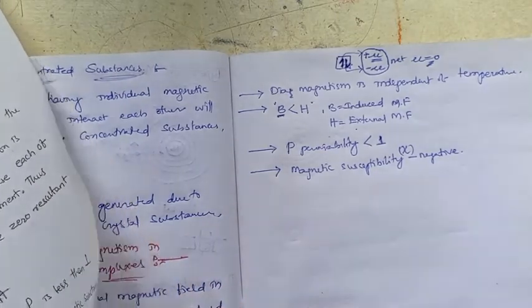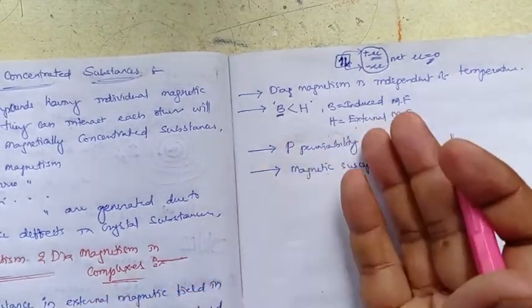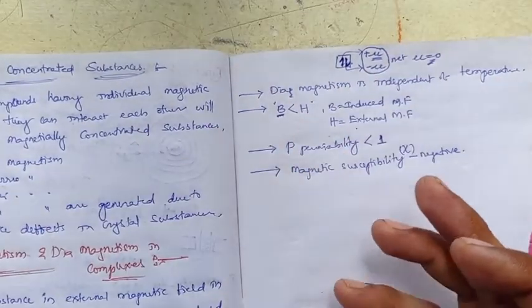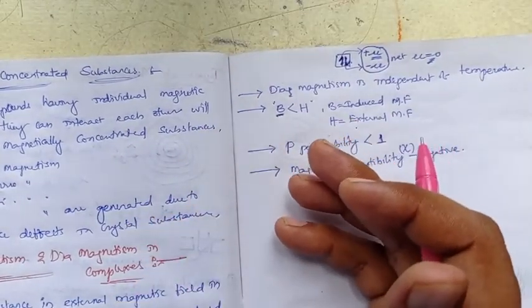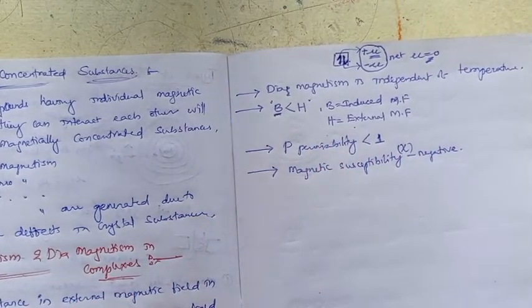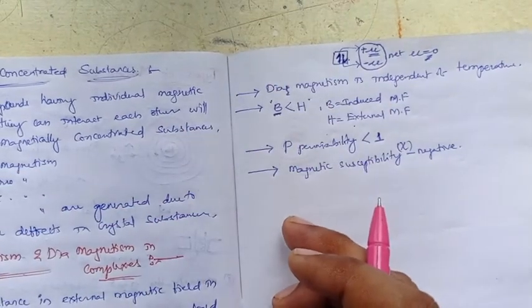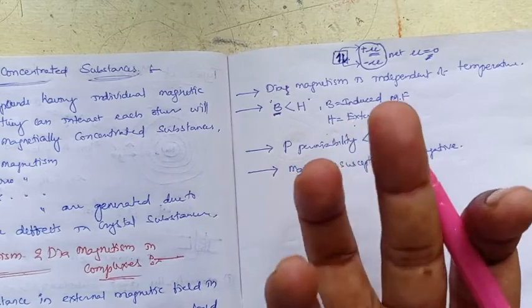Let us now discuss the paramagnetic substances, right? Paramagnetism and diamagnetism, you know, are reverse, opposite characters. Diamagnetic substances are repelled by the external magnetic field, but when we define paramagnetism, they will be attracted, the character is reverse.